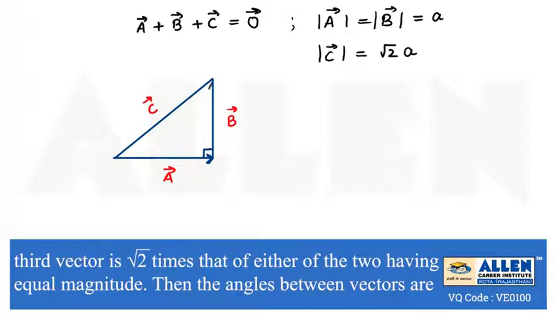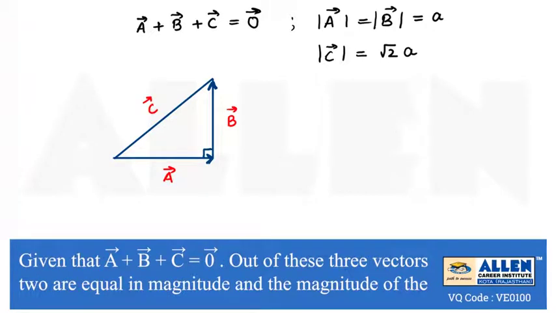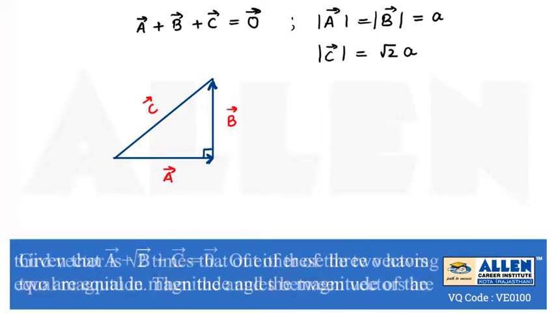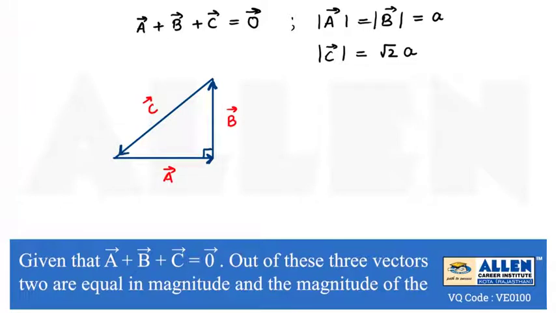Therefore the head of b vector goes here. Now again we have to add c vector, so they should be in the same order. If the head of b vector is at this point, then the tail of c vector should be here, and this gives us the head of c vector.